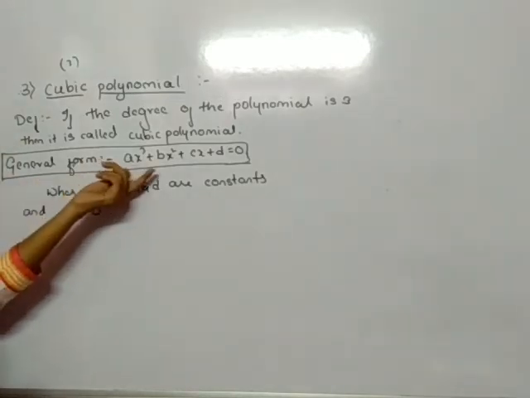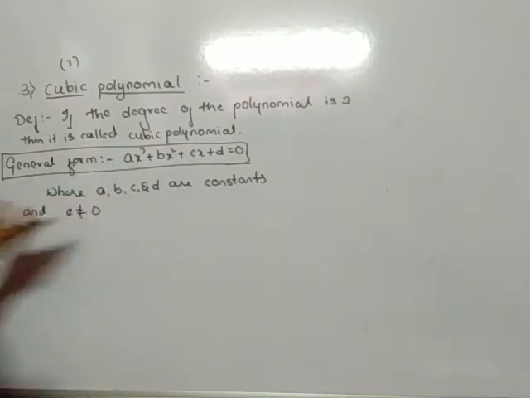In a cubic polynomial, if a becomes 0, what will happen? Which type of equation are we obtaining?